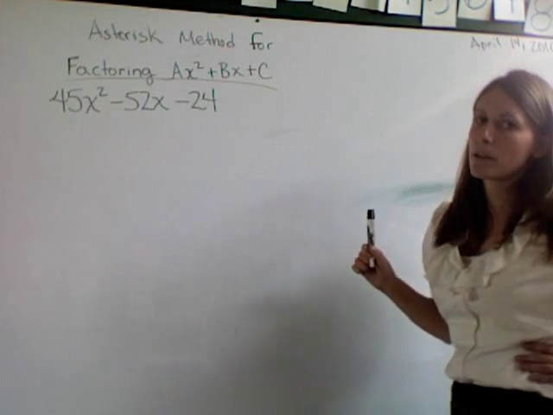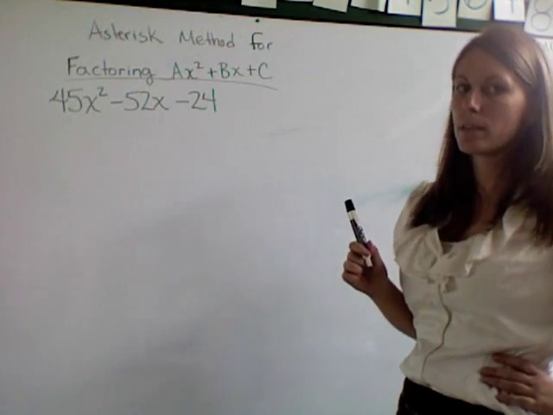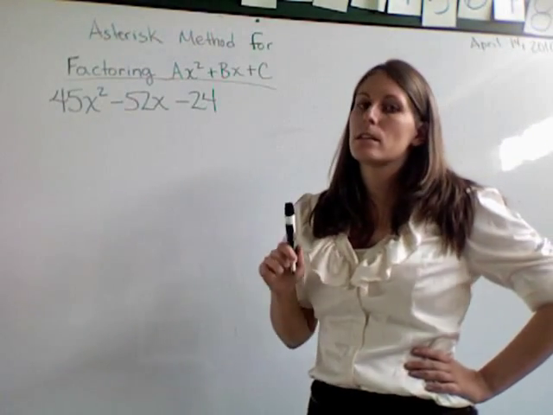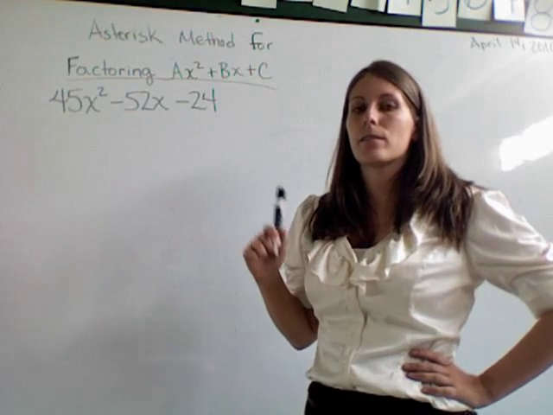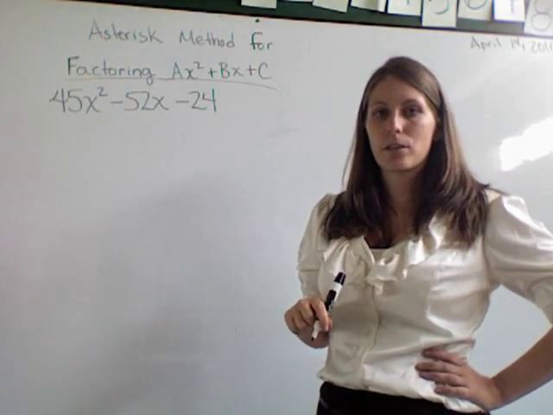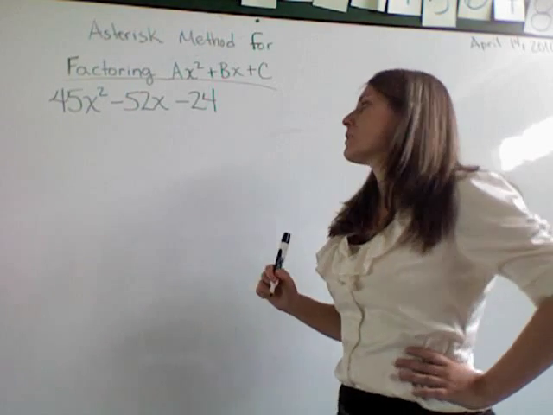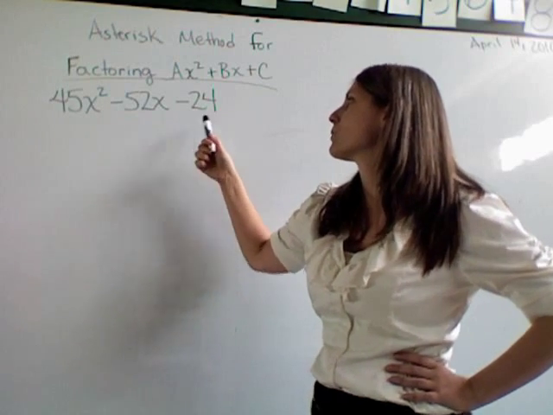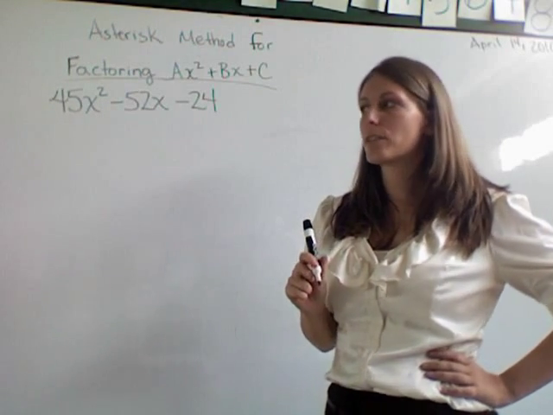Now, one thing that's very important if you're going to use this method, you have to check your trinomial first to see, is there a greatest common factor? If there is a greatest common factor, you're going to need to factor that out first. So in this case, you will see that 45, 52, and 24 have the common factor of 3.